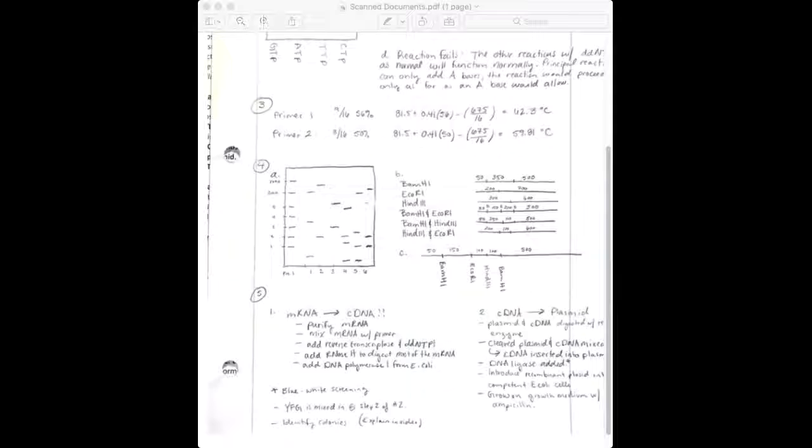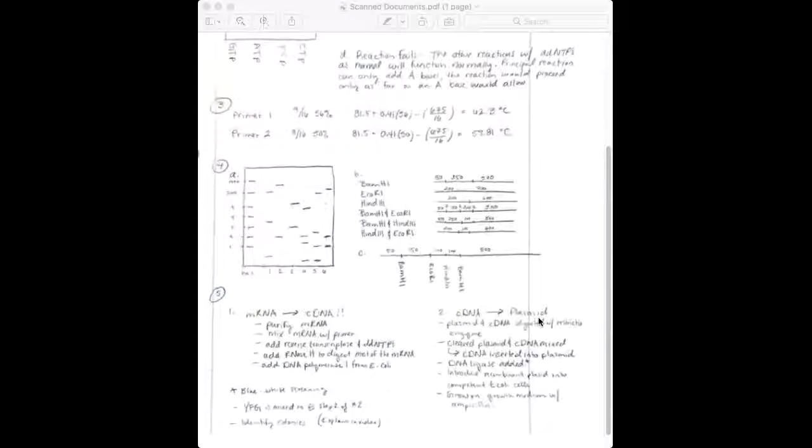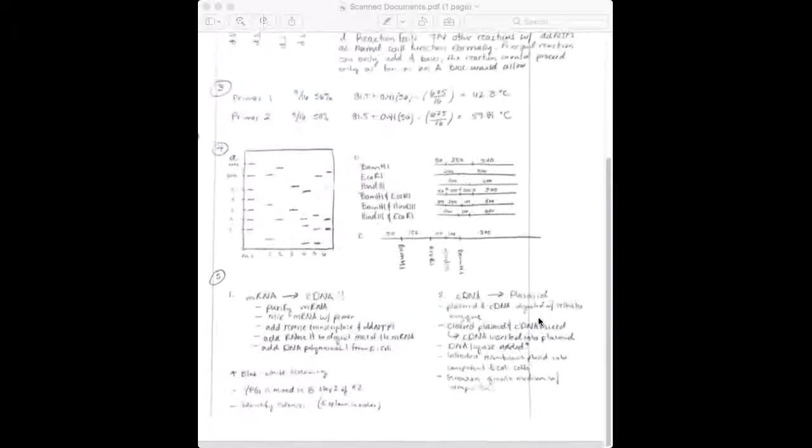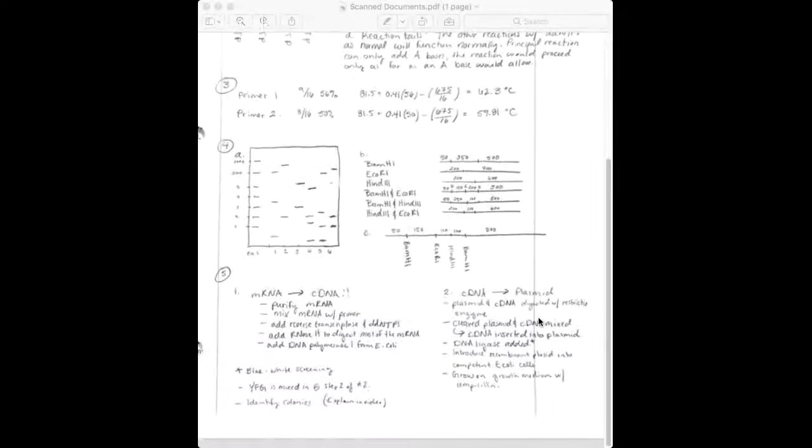And then it puts on the kicker, and how can we tell that this recombinant plasmid vector would have our gene in there for sure? So that's what number 5 is asking. What would we do to stick this piece of DNA into our plasmid vector and then make sure it actually happened?